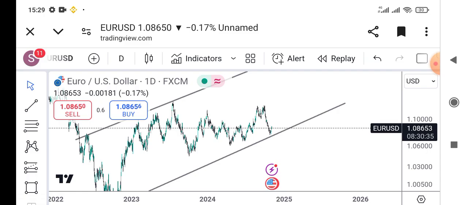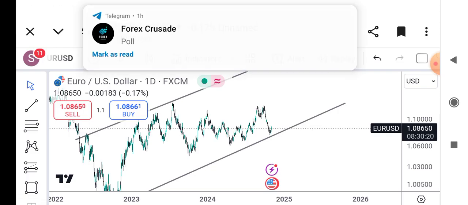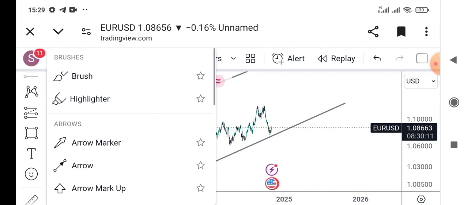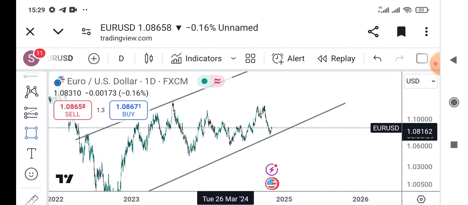Now we have to identify the highest point, or the roof and the bottom of the price, support or resistance sections of the market, or the regions of liquidity. Now, so we'll pick our triangle.